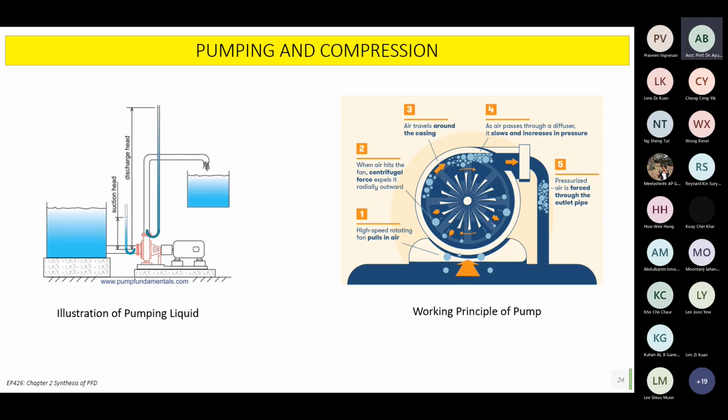So you balance out the energy and the costing. Okay, this one should be compressor, not pump, compressor.